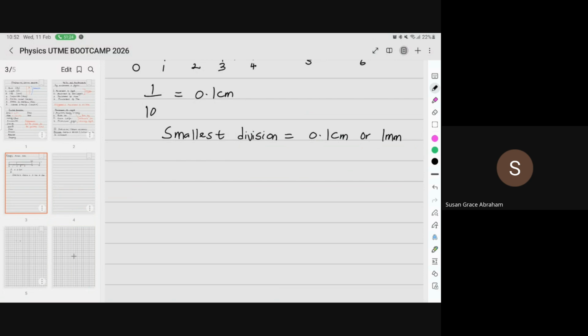So now, the conversion factor here is that 1 centimeter is equal to what? 10 millimeter. And that's why we have that very smallest division to be 0.1 centimeter or 1 millimeter, which means if I'm moving from centimeter to millimeter, you multiply. So we have the rule of thumb.